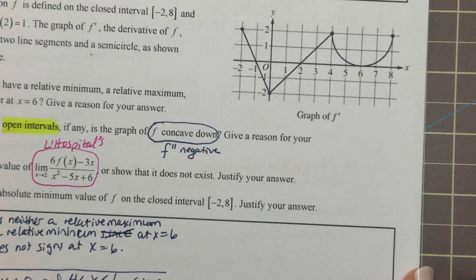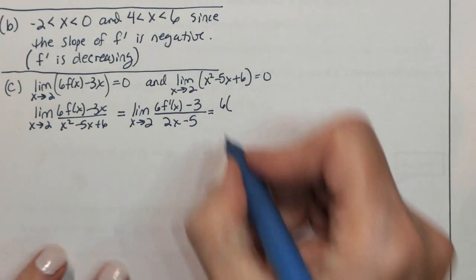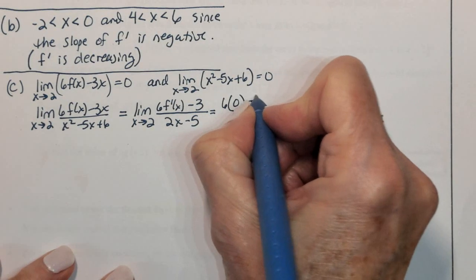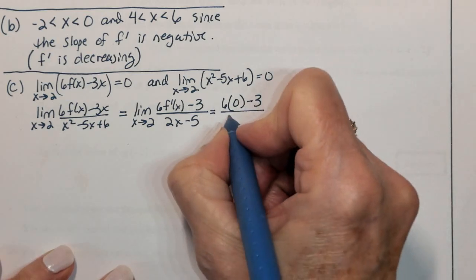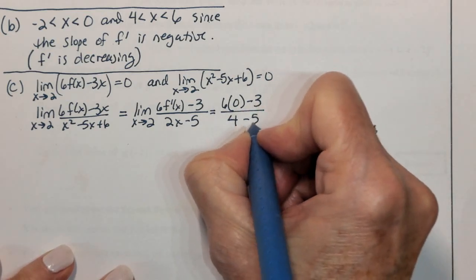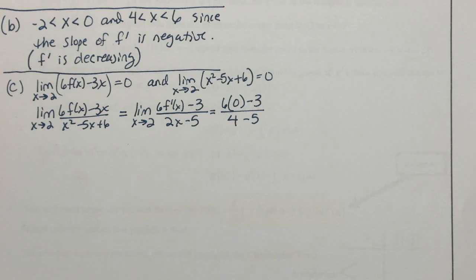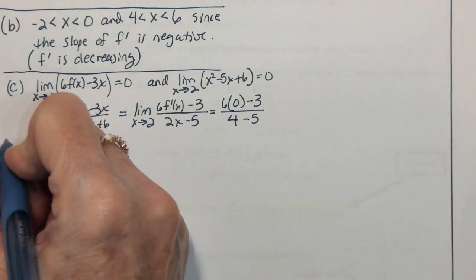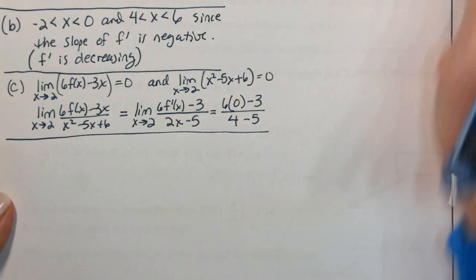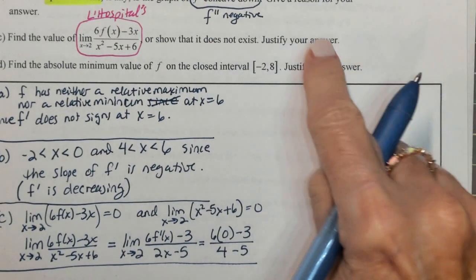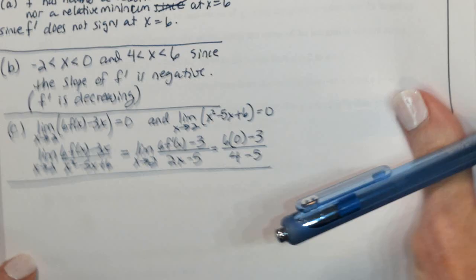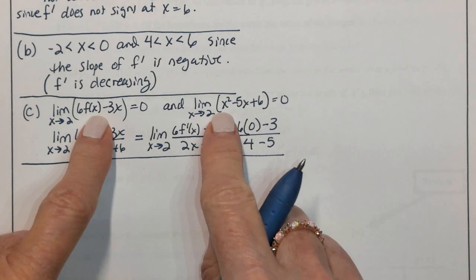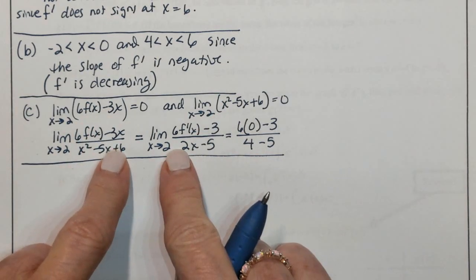So 6 times 0 minus 3 divided by 4 minus 5. Safe stop. We're done. It said to justify our answer. What we did at the beginning was our justification for using L'Hopital's rule.